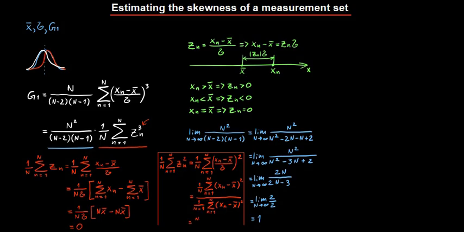Since the two summations cancel out, this is equal to n minus 1 over n, and this is just a positive constant that doesn't tell us anything about the skewness of our measurements.